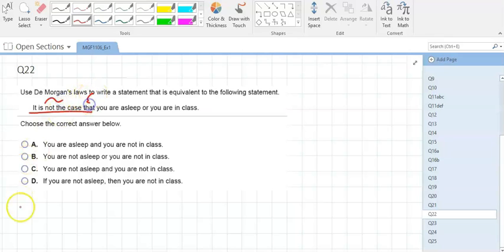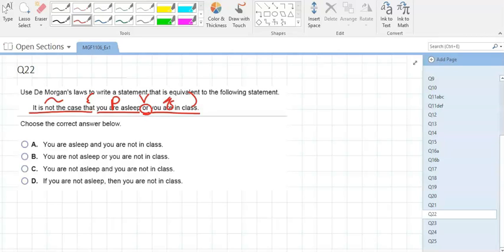That whole statement means that. A negation followed by a parenthesis. And then over here, now we start writing our statement. You are asleep. P. Or, looks like a V. You are in class. Q. And then you close your parenthesis. So that's what we're looking at.